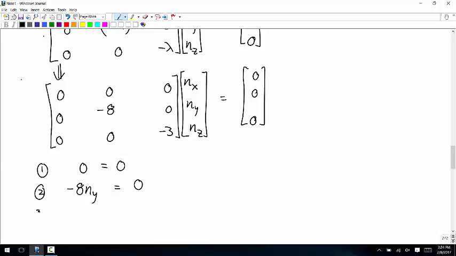And the third equation says 0nx plus 0ny minus 3nz is equal to 0. So what's a unit vector that meets these 3 criteria?